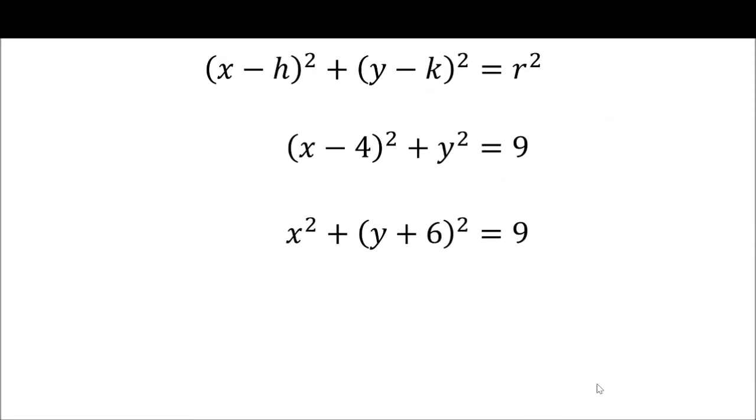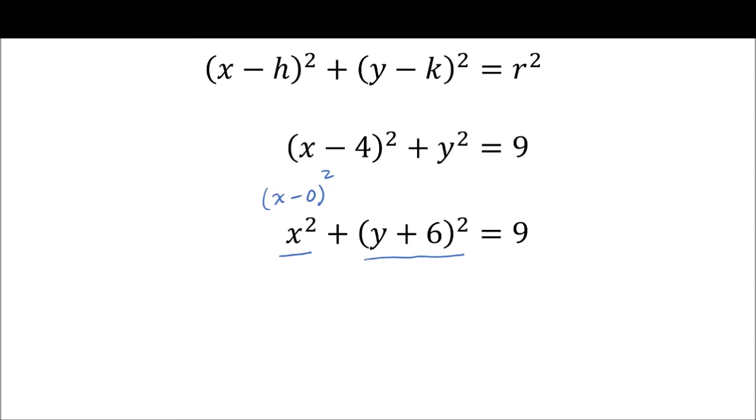Here's another specific case. So here we've got the y part looking normal, but then the x part strange, right? The x is by itself. And, again, it's similar to the previous problem. What's really going on with the x is that it's actually x minus 0 squared. And we don't really need to write the minus 0.